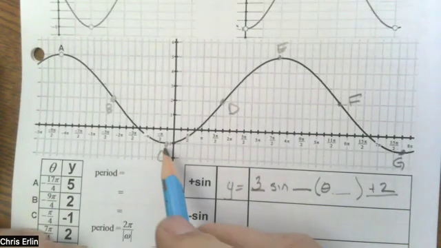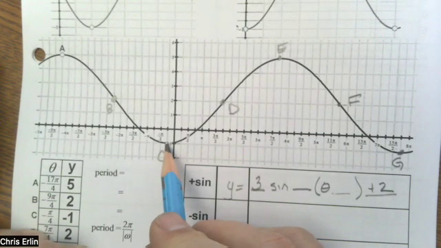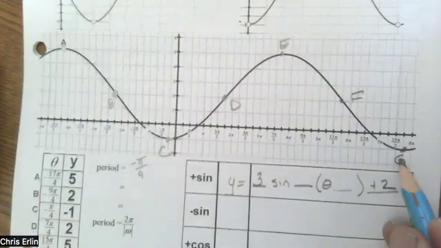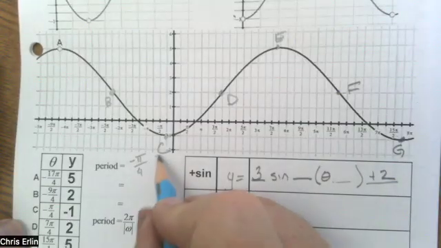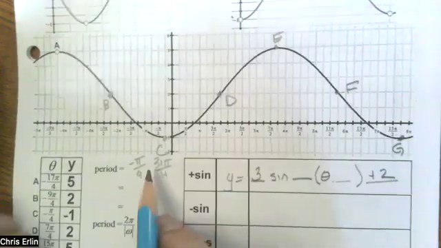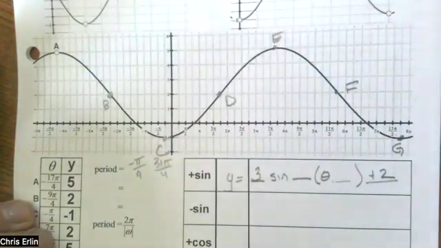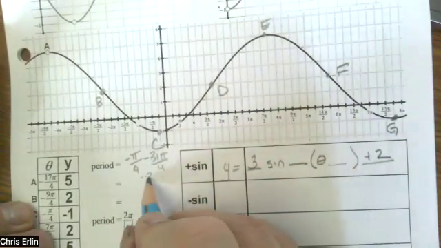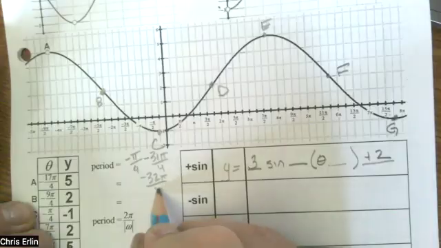This one is at negative pi over 4. And this one is at 31 pi over 4. If I want to find the gap between them, do I add or subtract? I subtract. And in this case, that gives me a big negative number, negative 32 pi over 4.